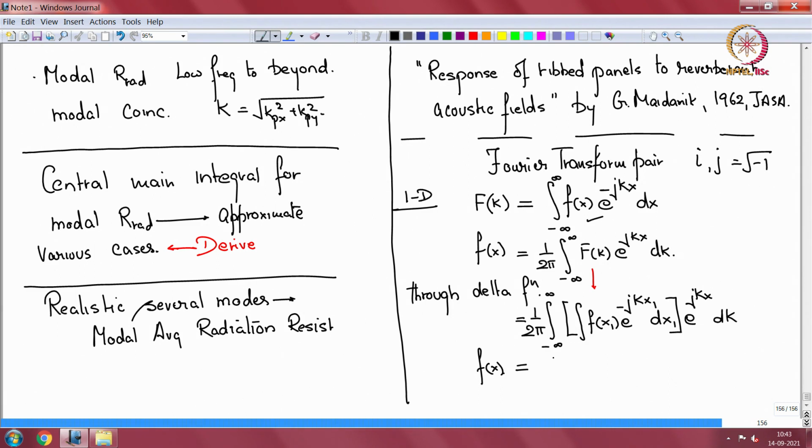So if I take minus infinity to infinity here, then f of x1 dx1 here, then integral minus infinity to infinity, 1 over twice pi e to the power minus j k (x1 minus x) dk.